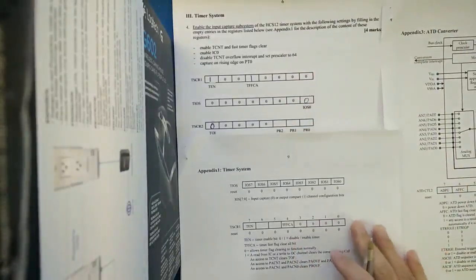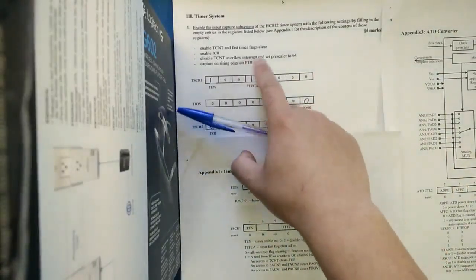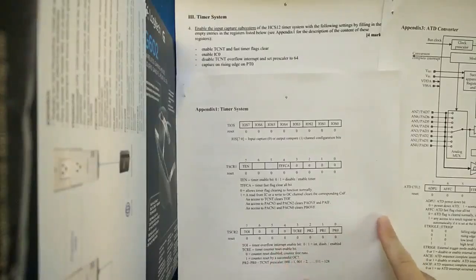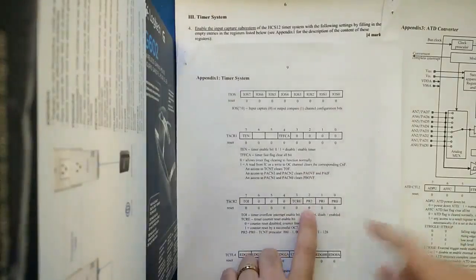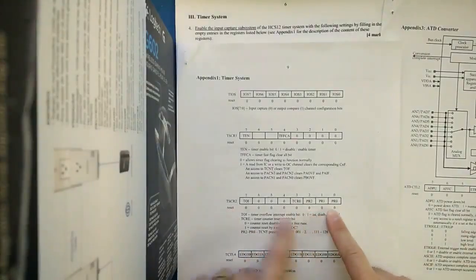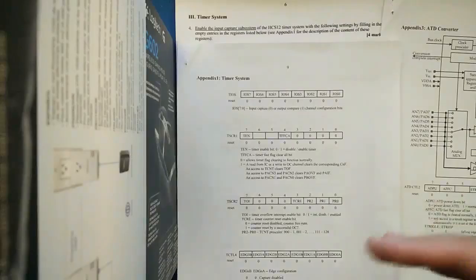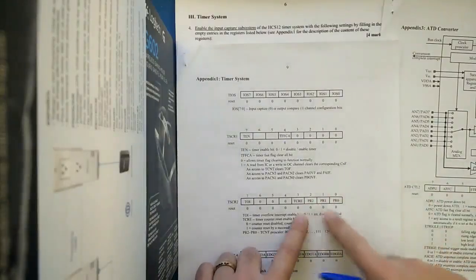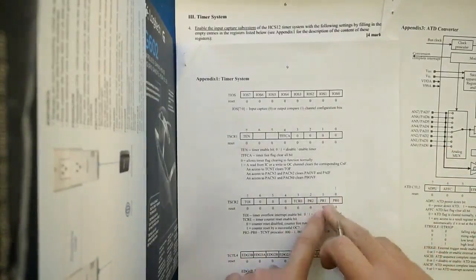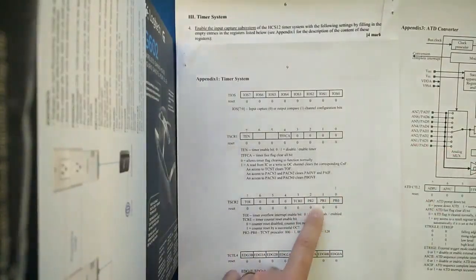Then I'm going to set the prescaler to 64. When you want to set the prescaler to 64, you set these three bits to the binary of 6, because what the prescaler does is 2 to the power of whatever you set here. If I set 1, it'll do 2 to the power of 1. If I set 2 in binary, it'll do 2 to the power of 2, which becomes 4.